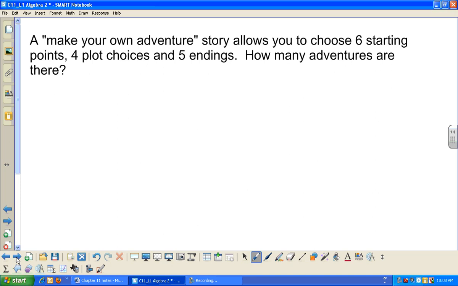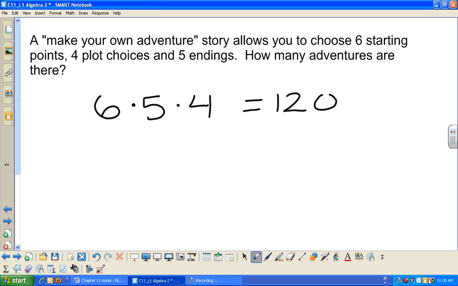Well, I have 6 spots where I can start from, and then I have 5 ending stories and 4 plot choices. If I multiply those all across, I get 120. So there's a total of 120 different stories that I could have in this Make Your Own Adventure book.